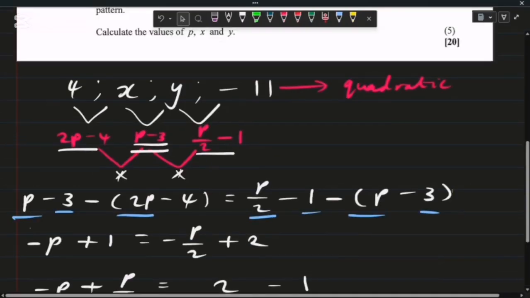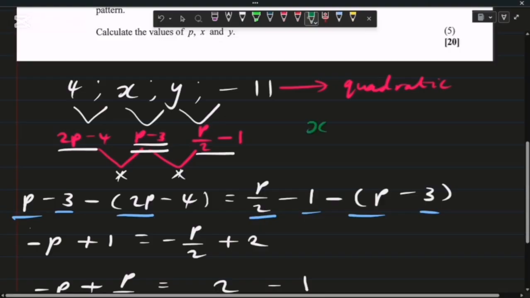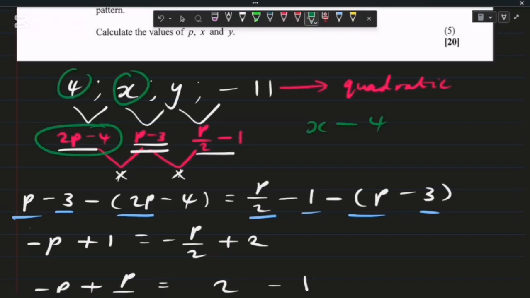Now we need to take note of what is happening at the top. We know that x minus 4, this term minus that term, will give us this guy. So we know that x minus 4 will give us 2p minus 4.